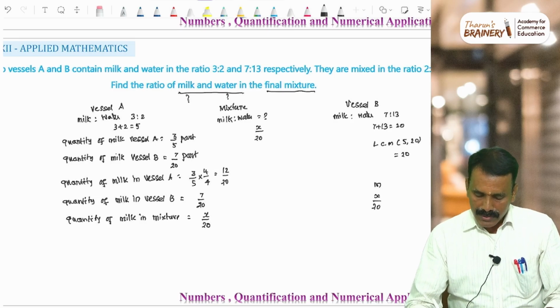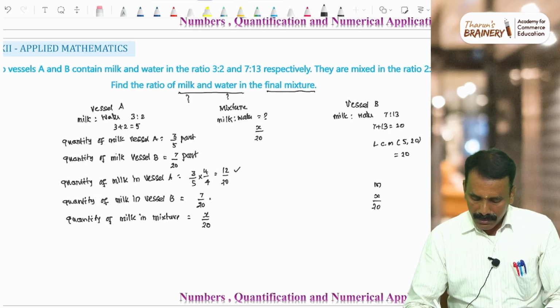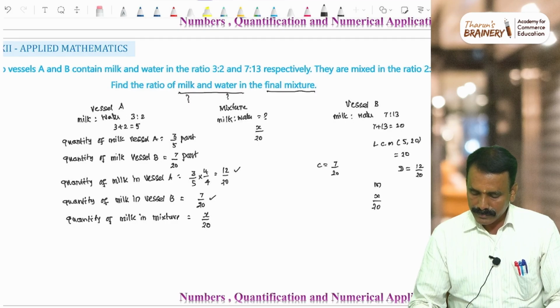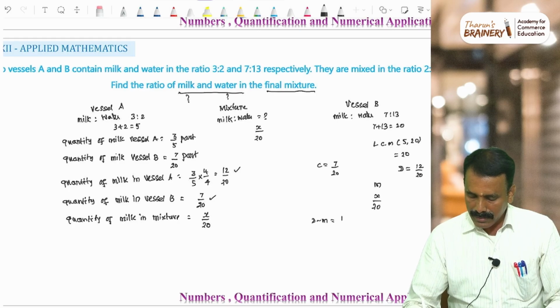Of the two values, 12 by 20 and 7 by 20, which one is cheaper? C is going to be 7 by 20 and dearer will be equal to 12 by 20. Now we are going to calculate D minus M. D minus M will be 12 by 20 minus x by 20.